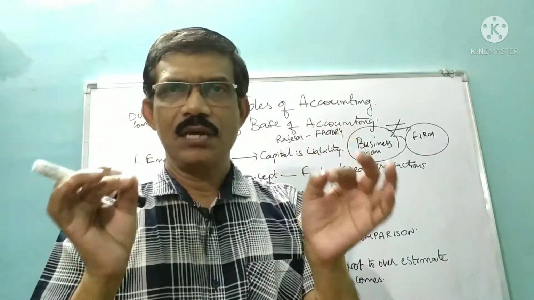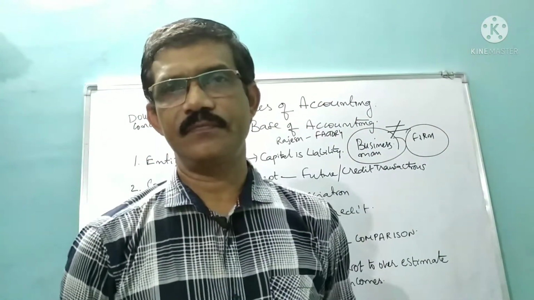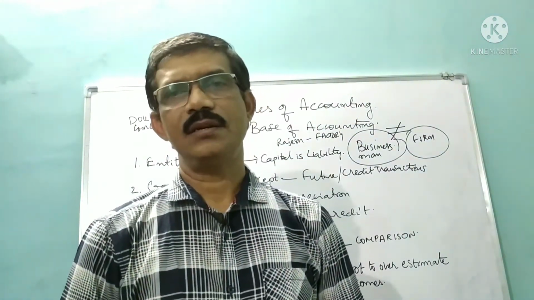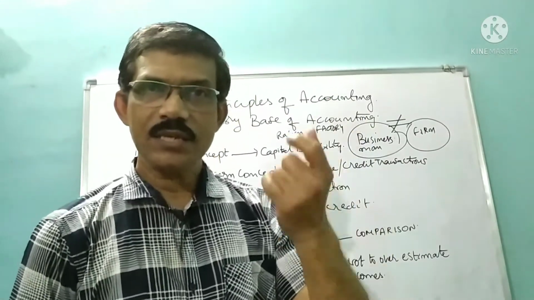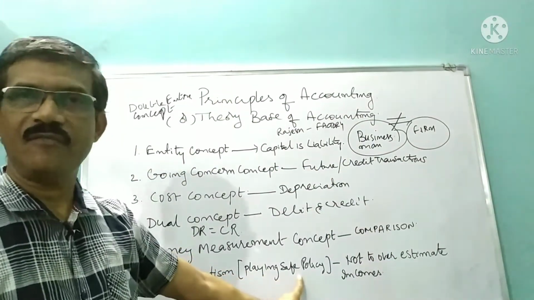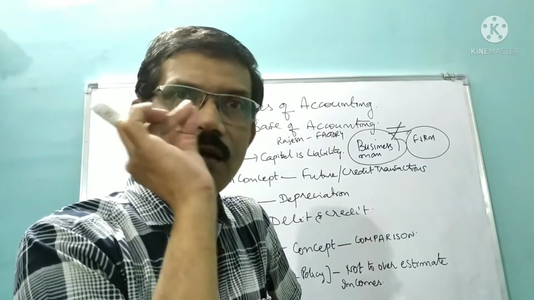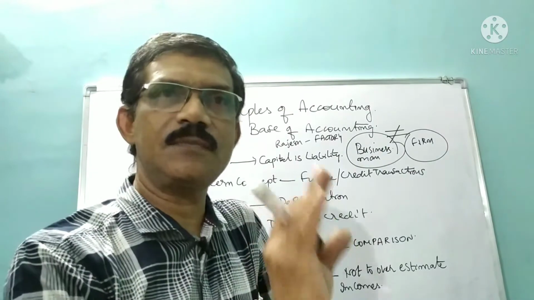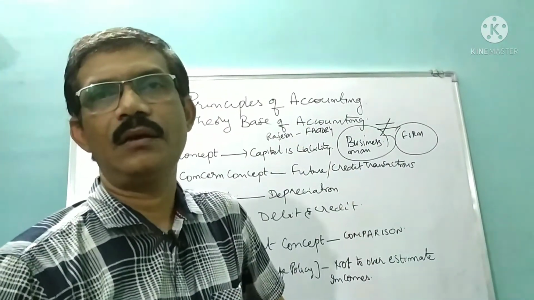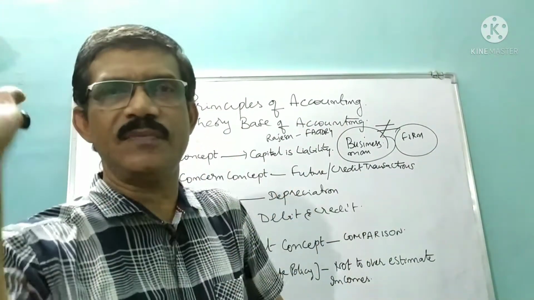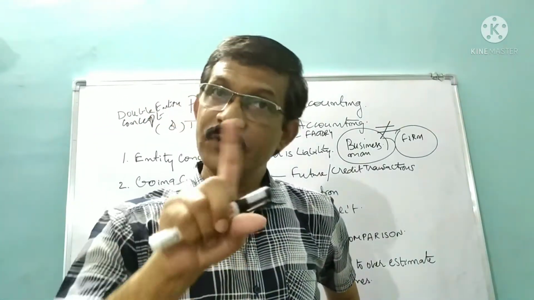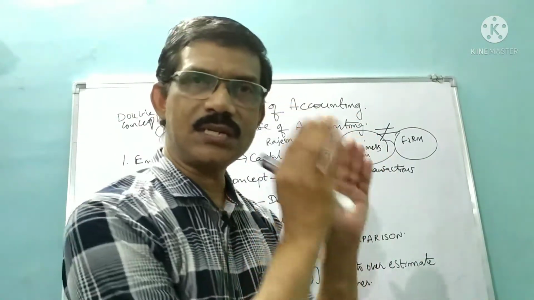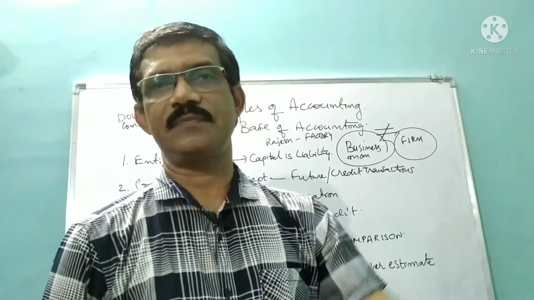Keep it as realistic as possible. Never estimate too much of your incomes. So for that, there is a concept which says to have some reserves for future possible losses and future possible expenses, right? Ignore future possible benefits, but you have to keep certain reserves for future possible losses.